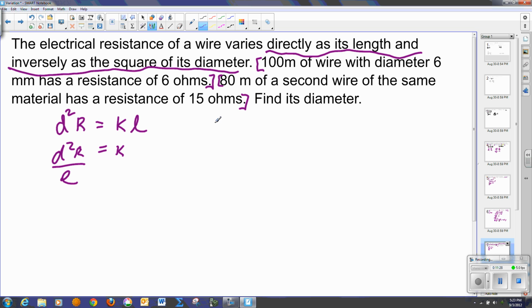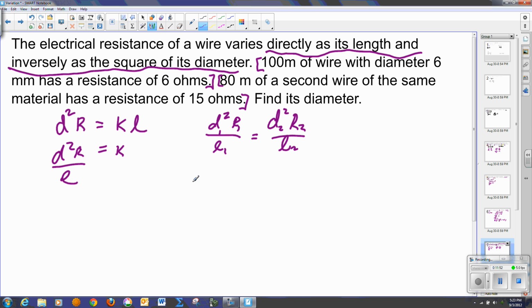So once again, I'll just write this. D squared 1 R sub 1 over L sub 1 is equal to D squared 2 R2 over L2.